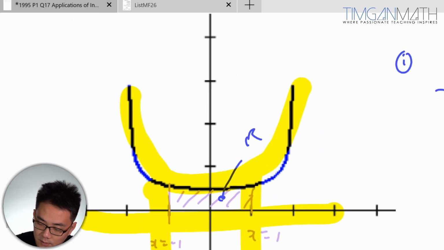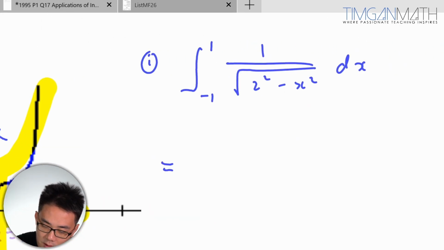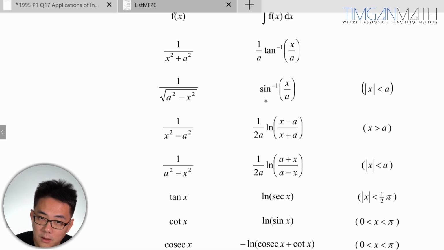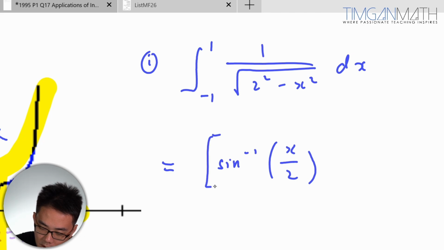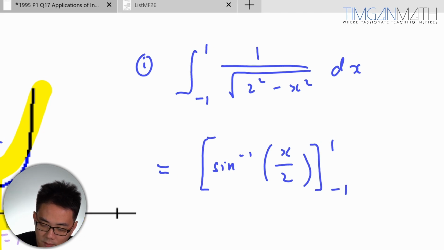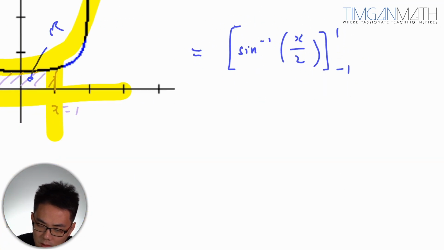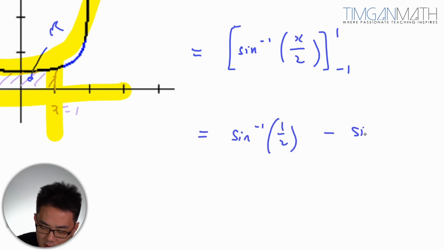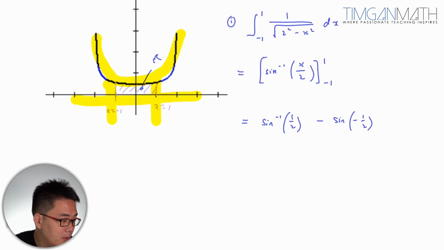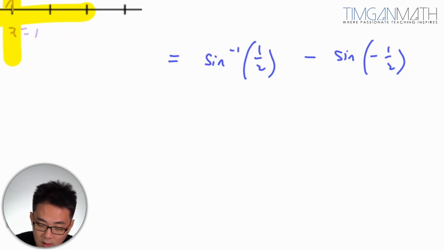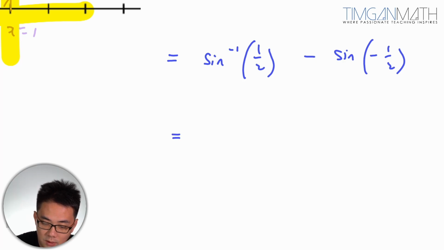sine inverse x over a. A is root 2, so sine inverse x over root 2, with limits 1 and -1. I think that is pretty okay. Once this is done, you get sine inverse of a half minus sine inverse of -half.